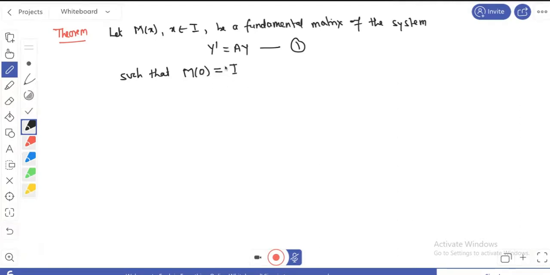Okay, so when this is the fundamental matrix of this system, and given this M of 0 equals the identity matrix, where this A is a constant matrix.